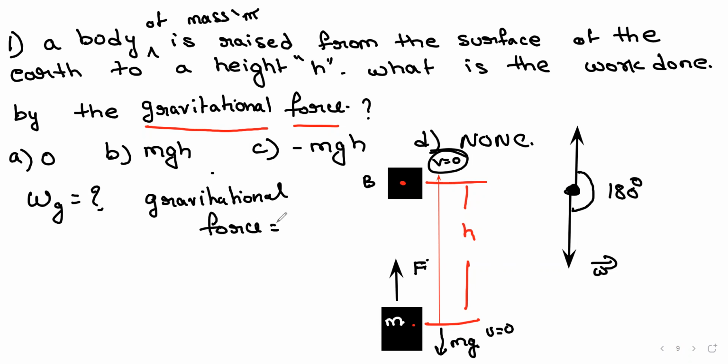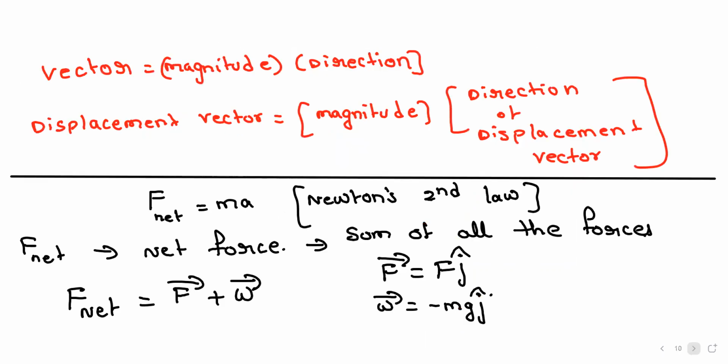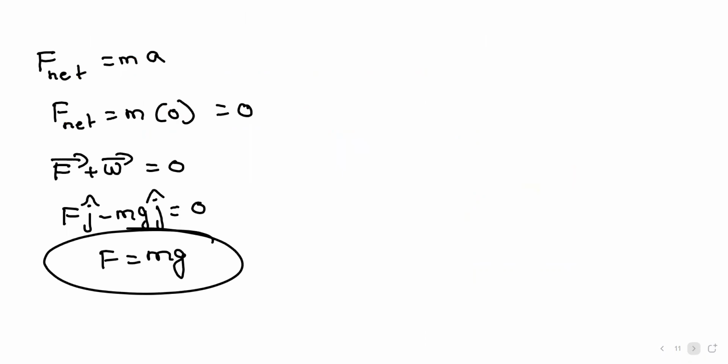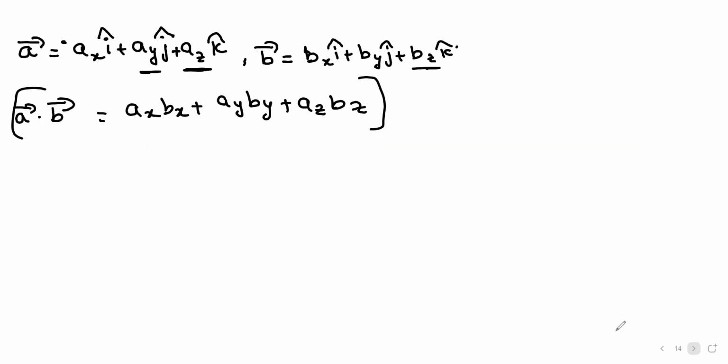Wait, one minute. There is a difference between gravity and gravitational force. Gravity is 9.8, it is acceleration.